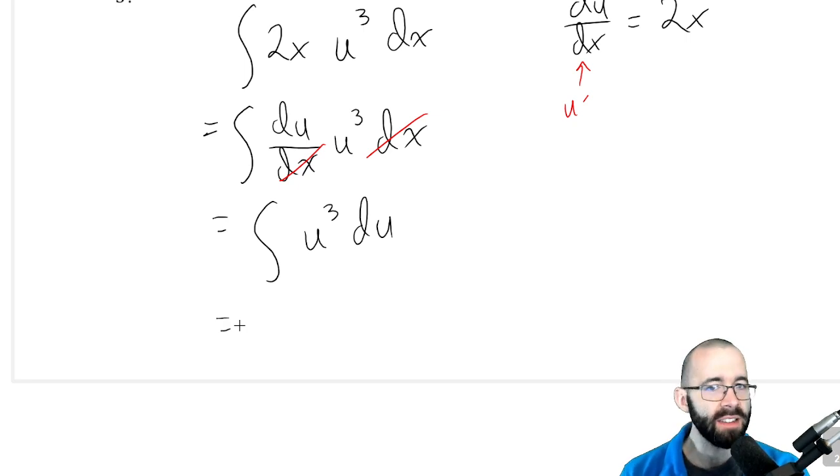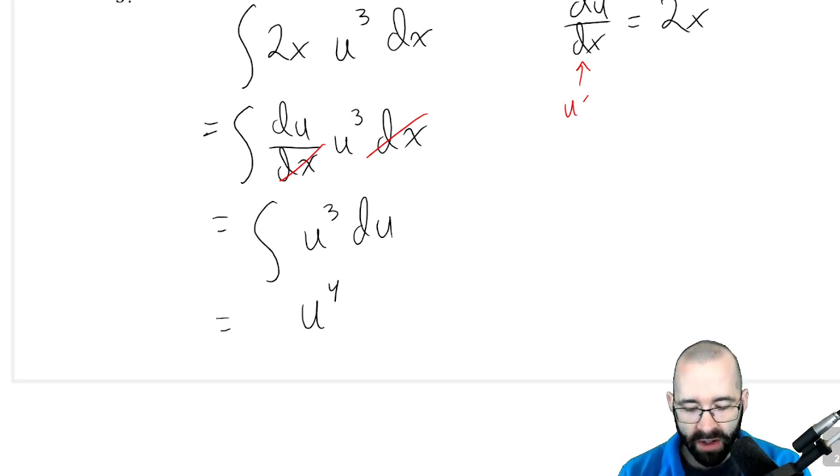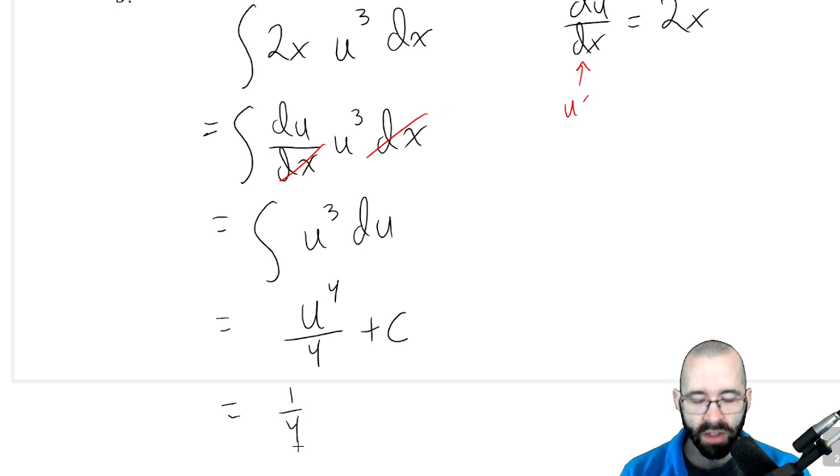So again, we know how to take this antiderivative. We add a power and divide by that power and add c. And our final answer is, what is u? Dividing by a quarter is the same as multiplying by 1/4. U, we said, was x squared plus 5.